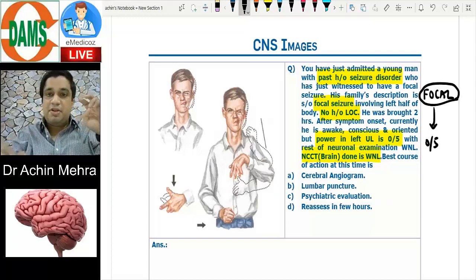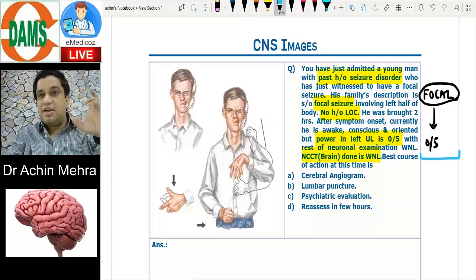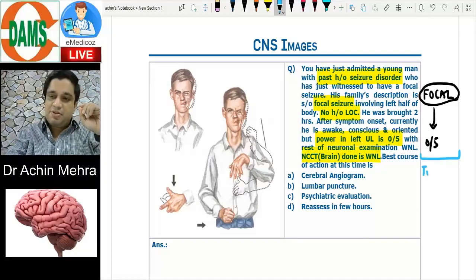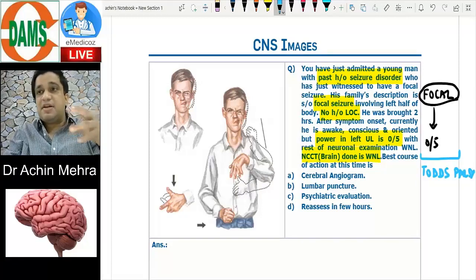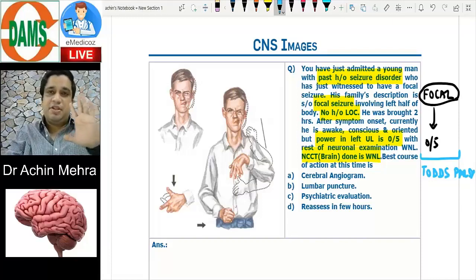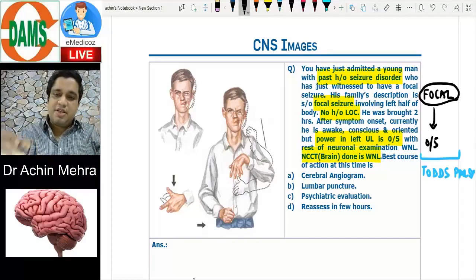If you remember, a patient with a focal seizure who develops a neurological deficit in the same limb where the seizure happened is known as Todd's palsy. The good thing about Todd's palsy is that it's self-recoverable. It doesn't require much attention at present, just a diagnosis will help, and it will recover on its own. So what are we going to do next in this case?